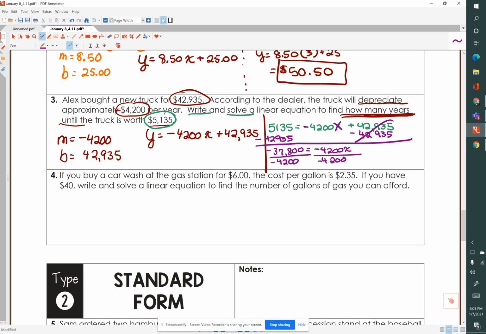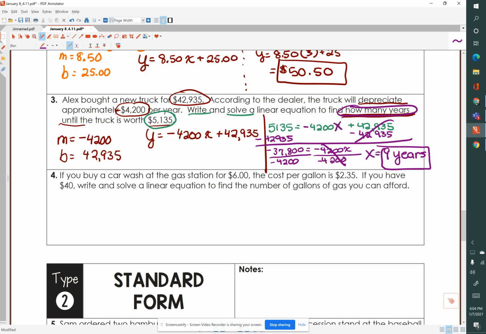And remember, a negative divided by a negative is a positive. So x will equal, if you take your calculator and you divide negative 37,800 by negative 4,200, you will get 9. Now let's review. What did they ask us? How many years? So in 9 years, the truck will be worth $5,135.